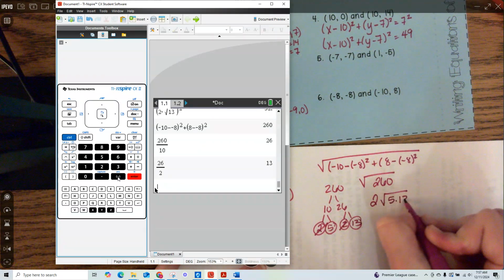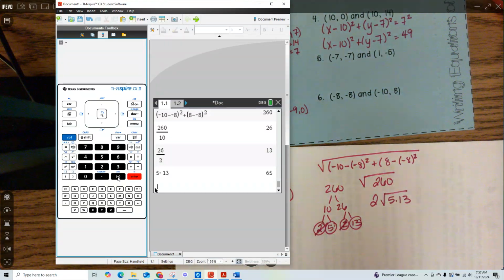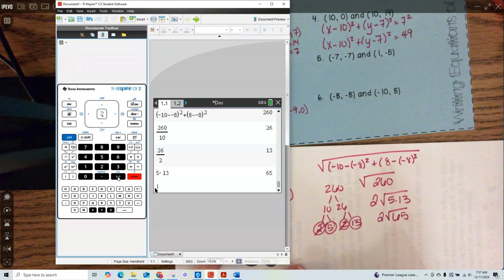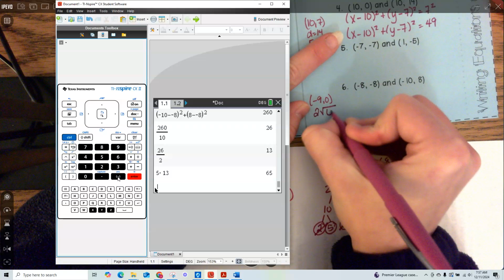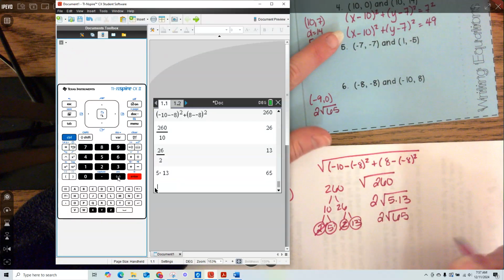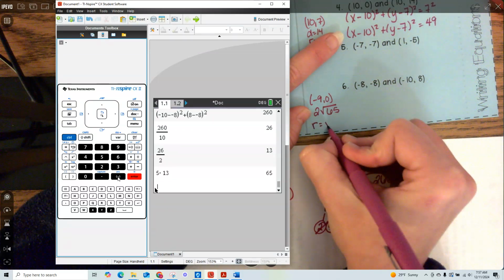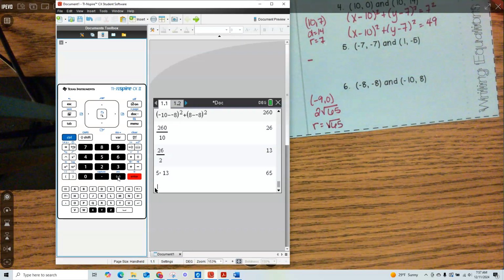The 5 and the 13 have to stay underneath. So 2 times the square root of 65. That's the diameter. For the radius, we have to divide it by 2. The 2 cancels out, so the radius is just the square root of 65.